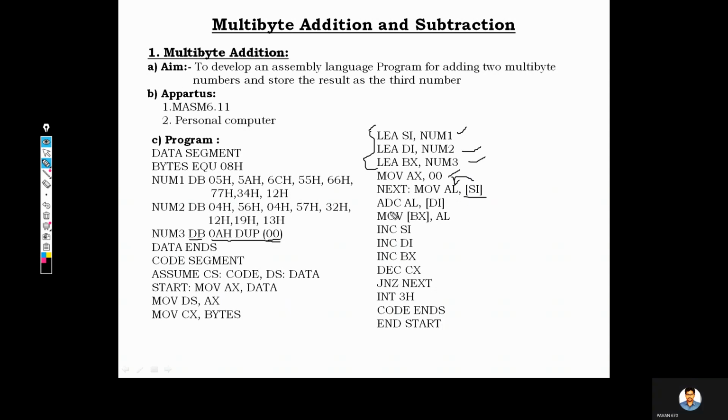So next one, ADC AL, [DI]. Similarly here also, square braces of DI are provided, which means the destination index register is holding some address value.